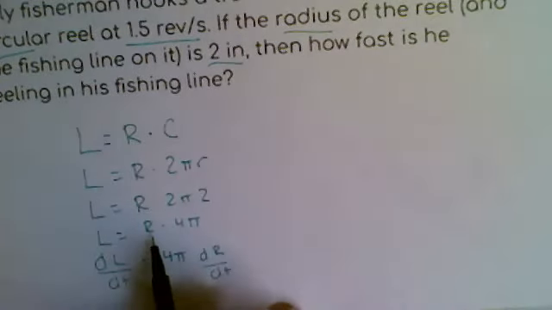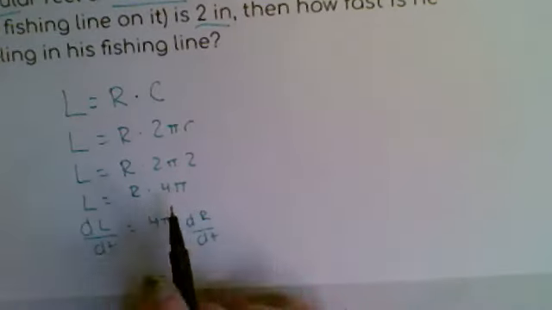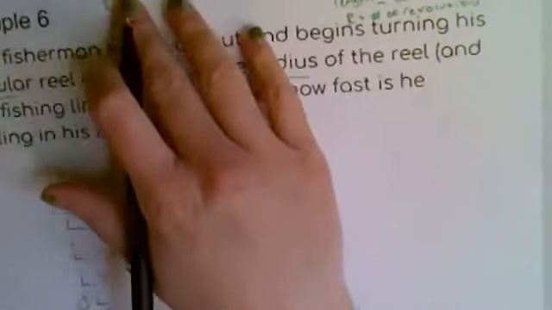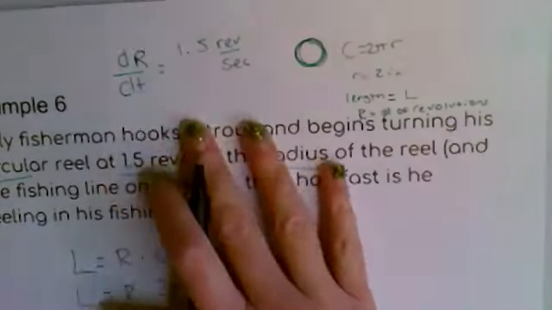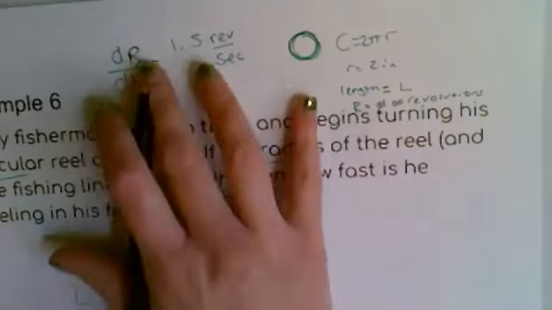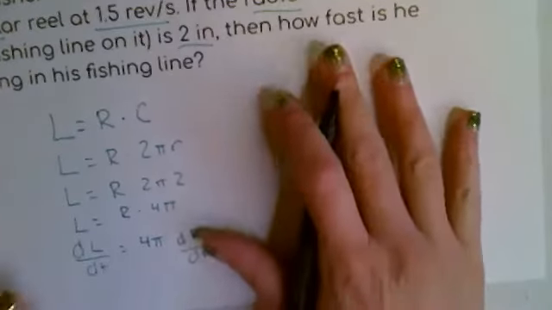Okay, so R is my variable in this case. So the derivative of R is just going to be 1. So that means I'm just going to be left with 1 times 4 pi, which is 4 pi. And we know the rate at which the fisherman is reeling this up is 1.5 revolutions per second. So I can substitute in dr dt.